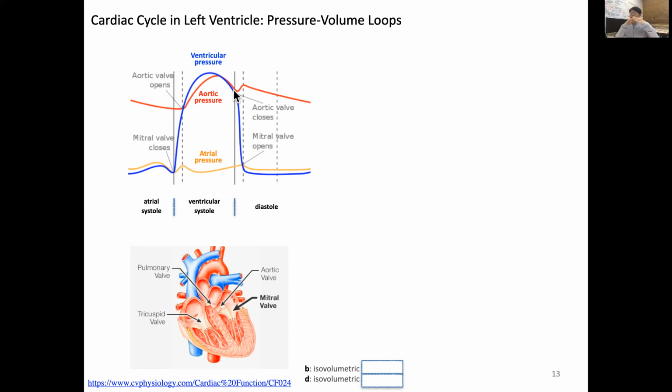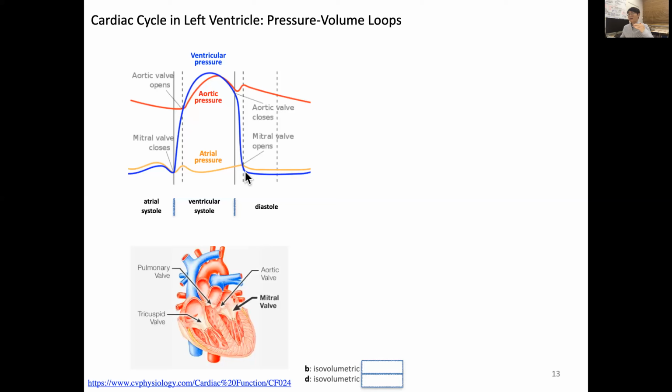And what happened? Both valves are closed down and the ventricles start to relax. So the pressure will come down until the left ventricular pressure becomes lower than the atrium. Then the mitral valve starts to open.